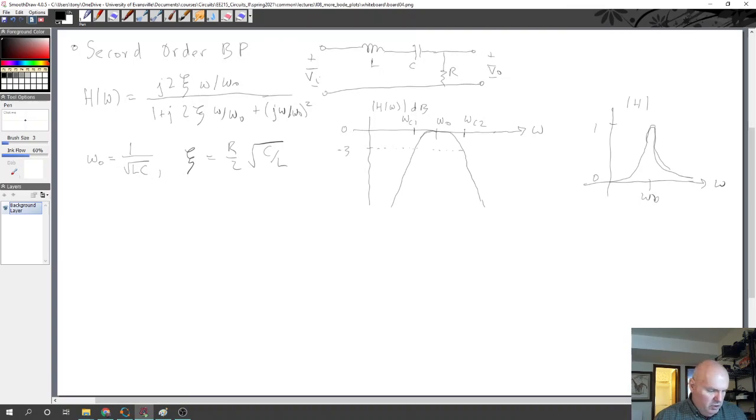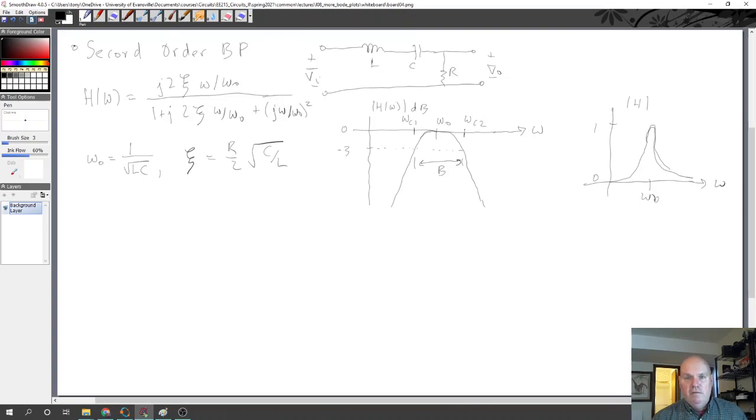Now typically we don't specify the filter in terms of zeta and omega 0. Instead, we typically define the filter in terms of its desired bandwidth, the distance between omega C2 and omega C1, and the resonant frequency, or what's often called the center frequency of the bandpass filter. So we want to come up with an expression for the bandwidth in terms of the circuit components.